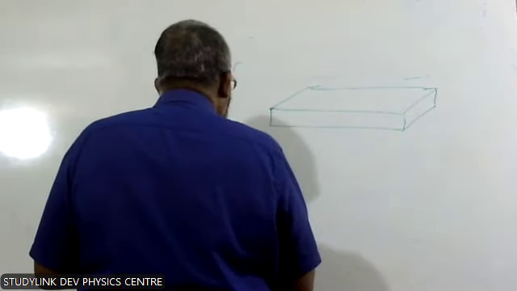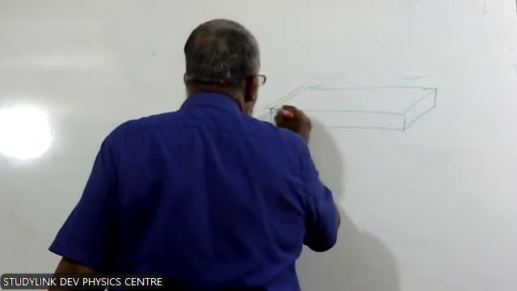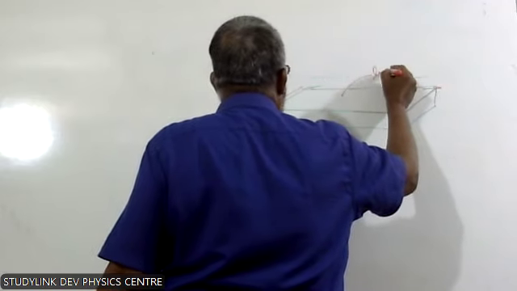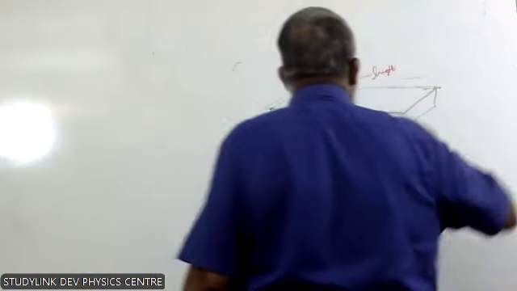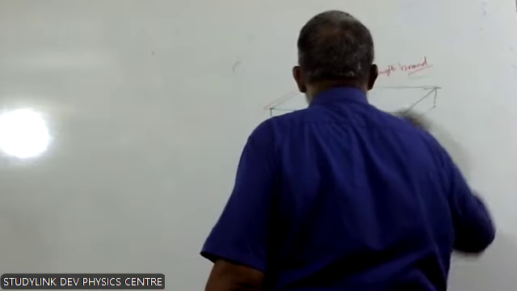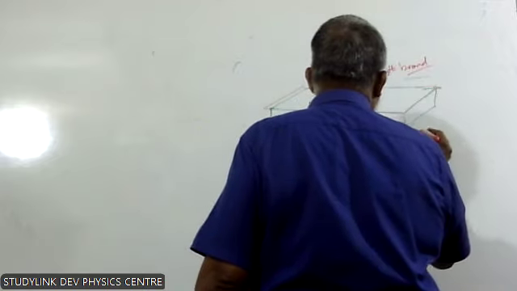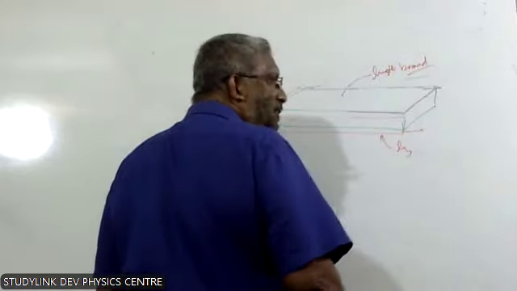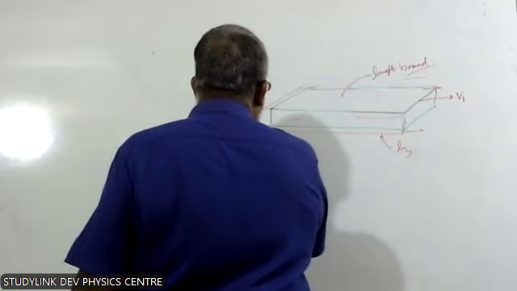Now there is a lamina, just like a small board, placed here, a light board. There is another light board below. So we can pull the layers of liquid. We pull one board in the direction V1 and the other board in the opposite direction.